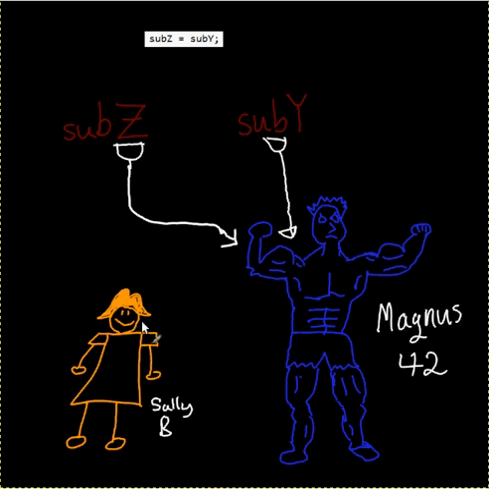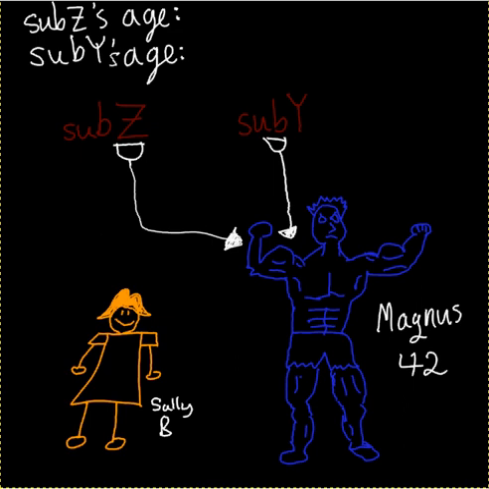And now pay attention. Sally's got no connections to her. So now what happens if we ask, "Hey, sub z, what's your age?" Sub z says, "Let's see, what am I connected to? I'm connected to Magnus," and therefore it says 42 years old.